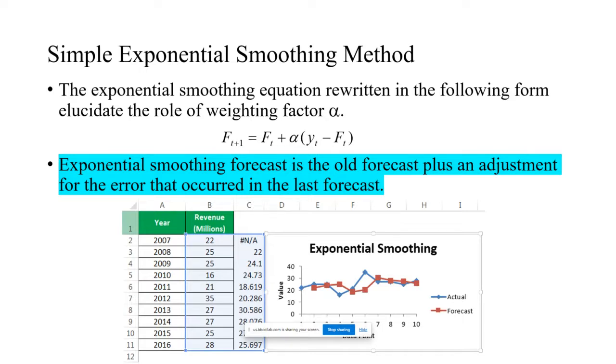The exponential smoothing forecast is the old forecast plus an adjustment for the error that occurred in the last forecast. So the exponential smoothing forecast is the old forecast, but we make an adjustment for the error that we made in the last forecast.